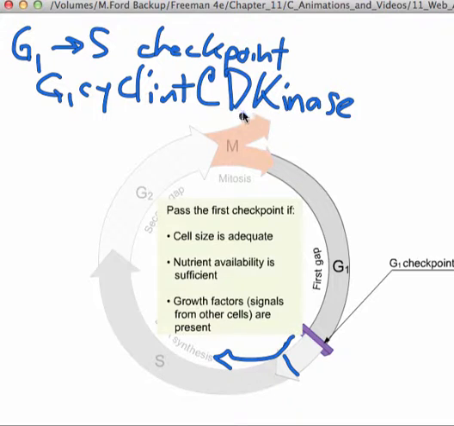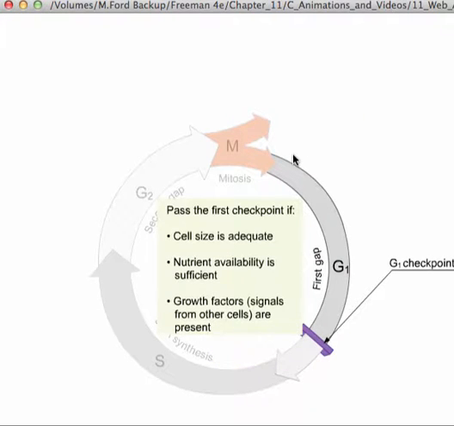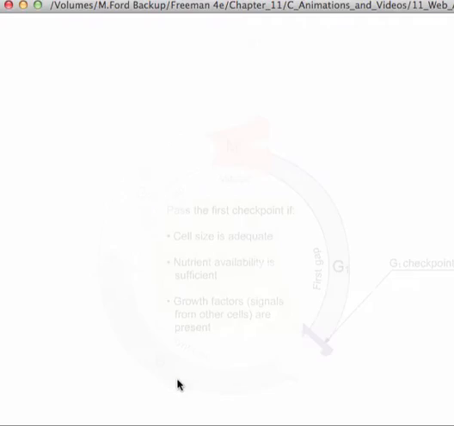This kinase by itself will not act to phosphorylate the targets. So when you have that complex, if you're answering the right answers to these questions, you can proceed from G1, or your gap phase, on into the S phase.